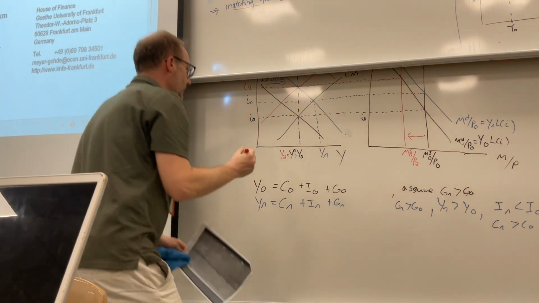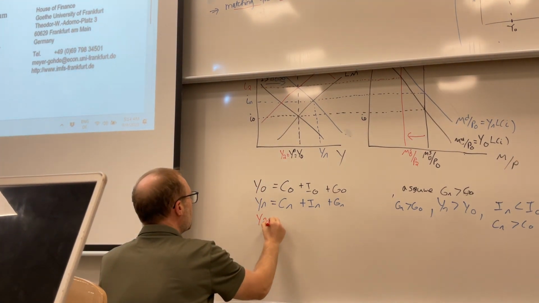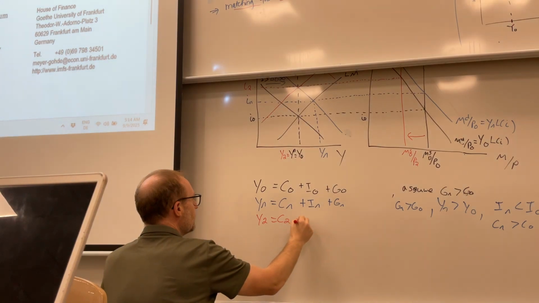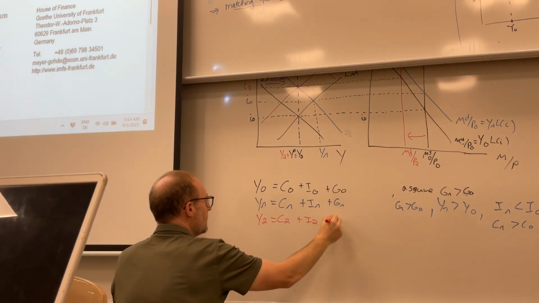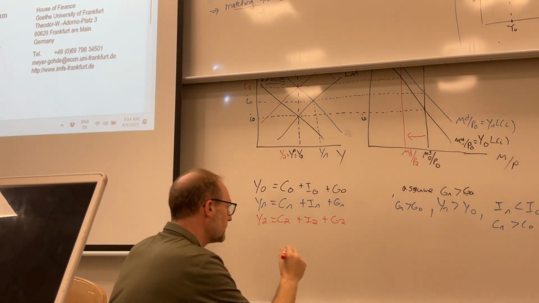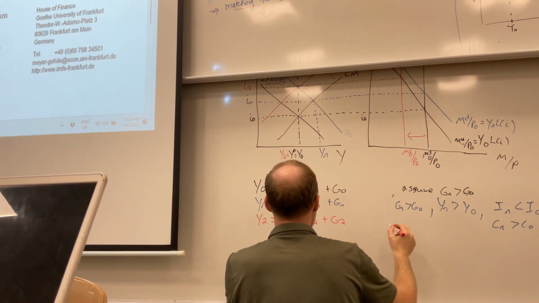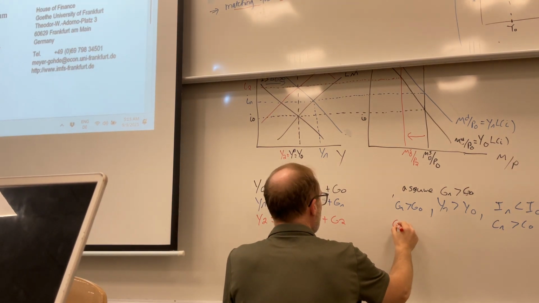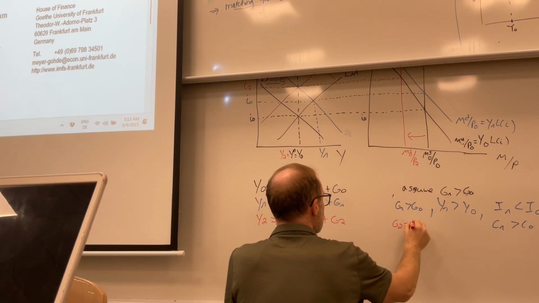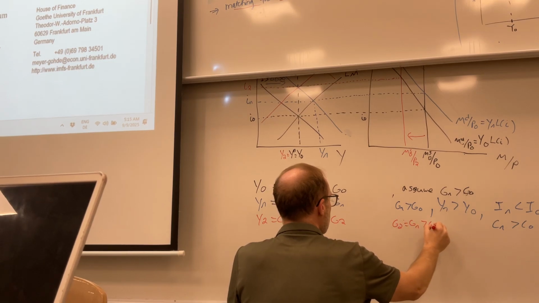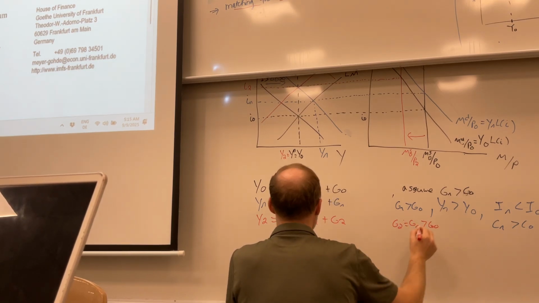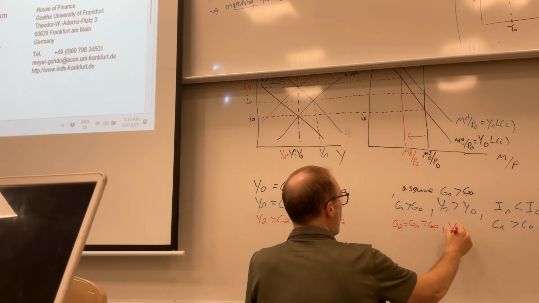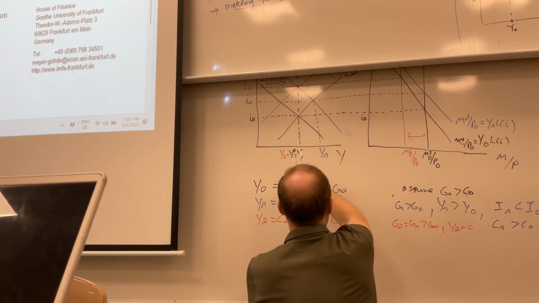All right, and then we get to Y2 equals C2 plus I2 plus G2. We have G2 is equal to G1, greater than G0. Y2 is now equal to Y0, right?